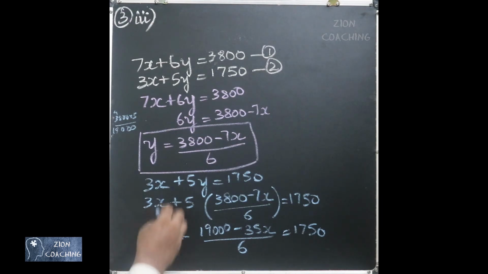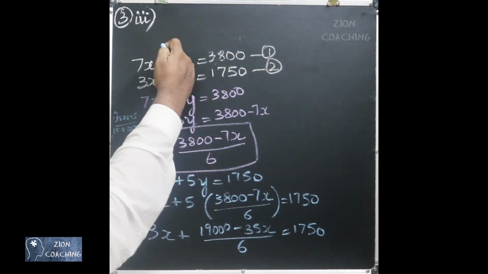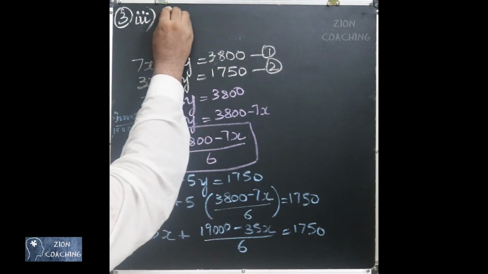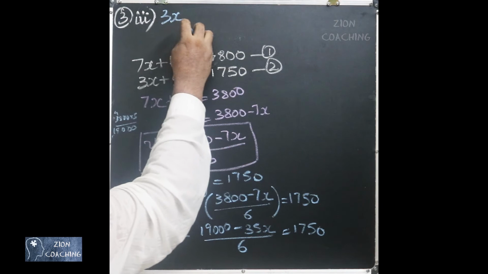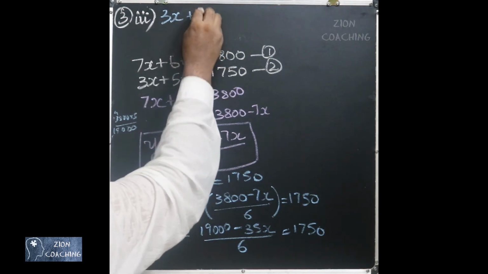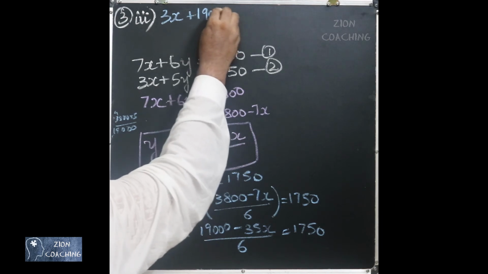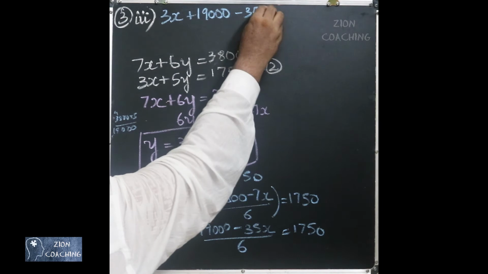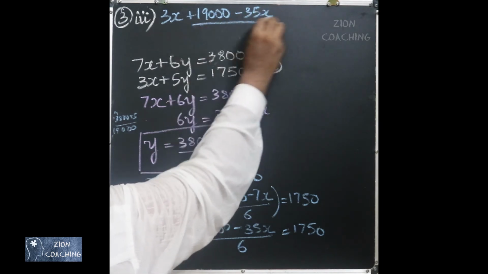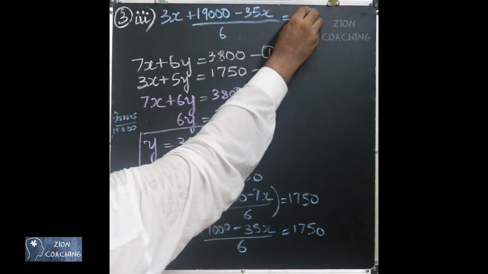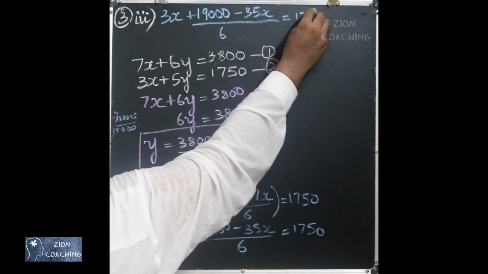Now I want to do this step by step. I will just write this there for you. We have 3x plus (19,000 minus 35x) divided by 6 is equal to 1750.